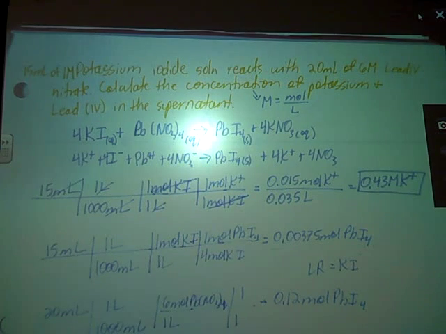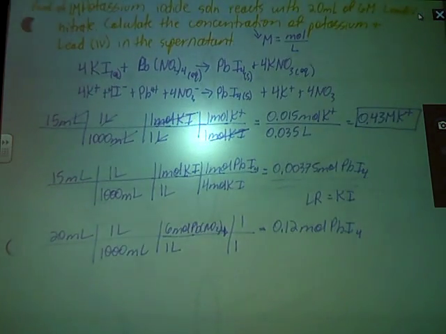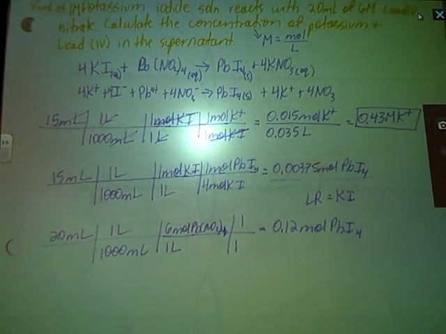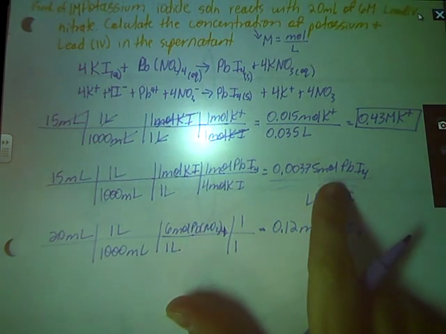This means that I will in fact have lead ions left over floating around in my solution. So I need to know just how many lead ions from this lead nitrate am I going to use to make this substance here.